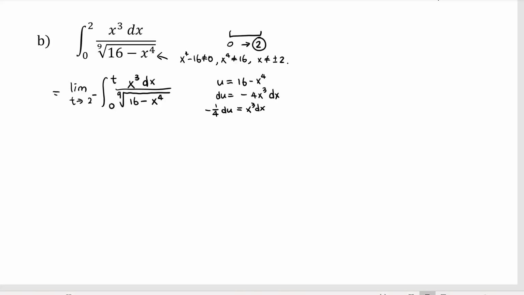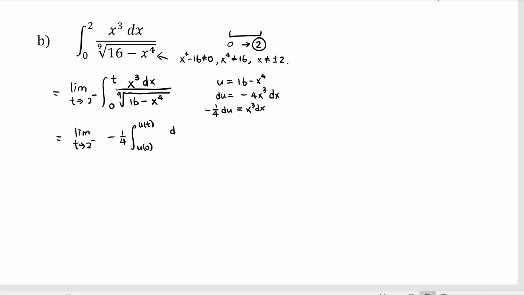Alright, so we continue. So that's the limit, t goes to 2 from the left. And now we have minus 1/4, we can put it in front. And here we have the bounds from x equals 0 to x equals t. I don't want to change the x values into u values. Let's keep them as x values, and then at the end we plug the x back in.